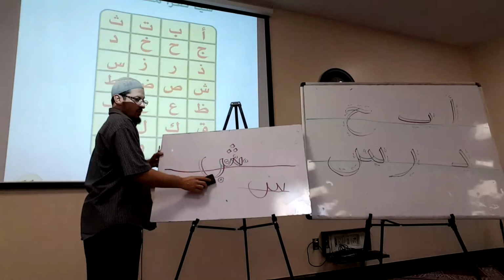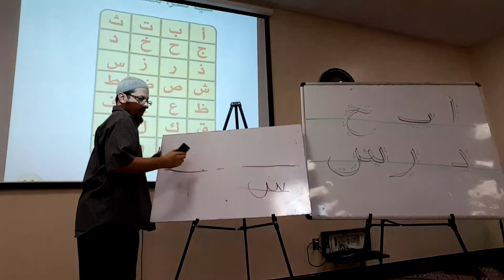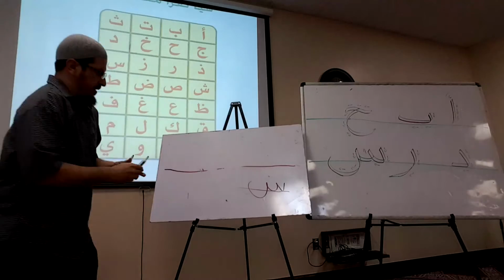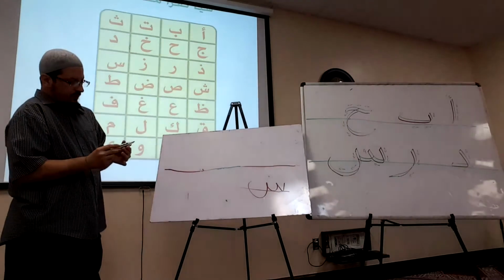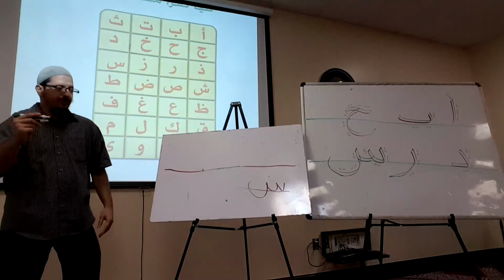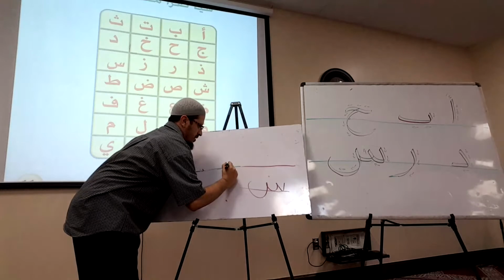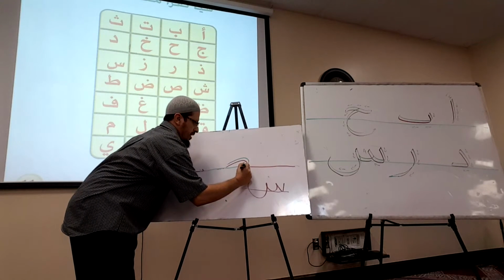Okay. So now we'll do the sad. So the scene and sheen are clear. The sad, first it's like an eye. Then the bottom part is on the line.